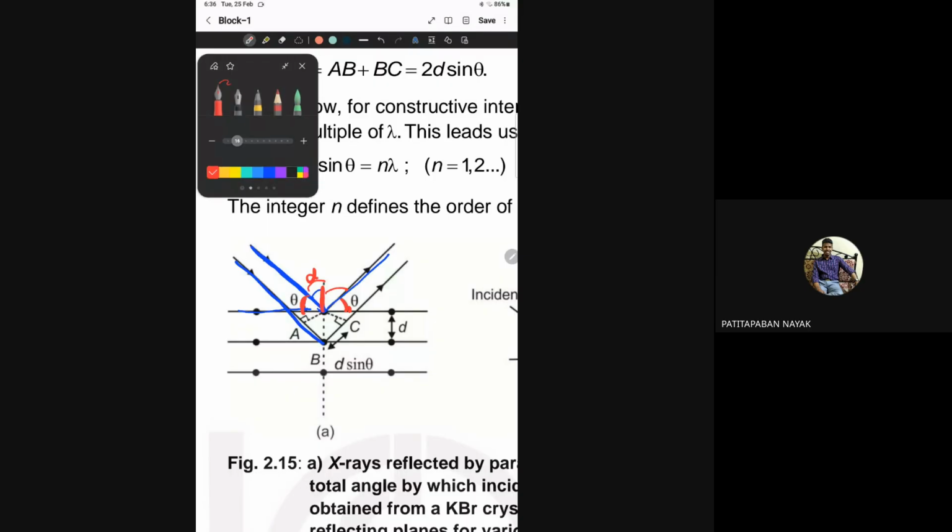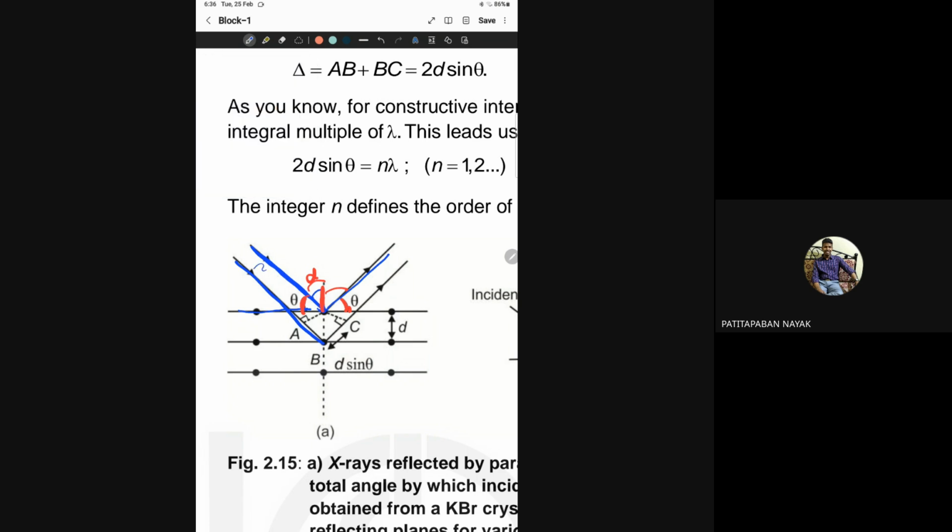Now, another X-ray, which is coming like this, gets reflected from the next plane and gets reflected like this. Now, these two rays, this one and this one, are parallel.